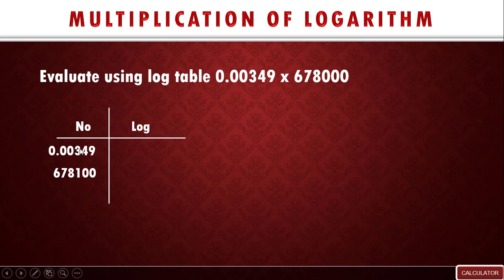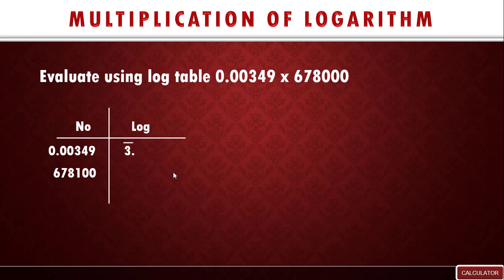All we need to do is to count our decimal places from the decimal to the reference position: 1, 2, 3. That means our characteristic will be bar 3. You can see it right there, bar 3.